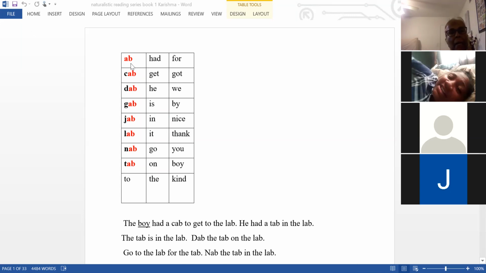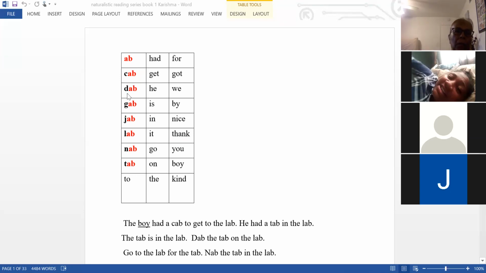All right. Look at this. We start with A and B. They know A and they know B. Let them know when we put A and B together, we get ab. So we have K-ab, and we go down the list, G-ab, J-ab, etc. They must say both sounds in learning to read.